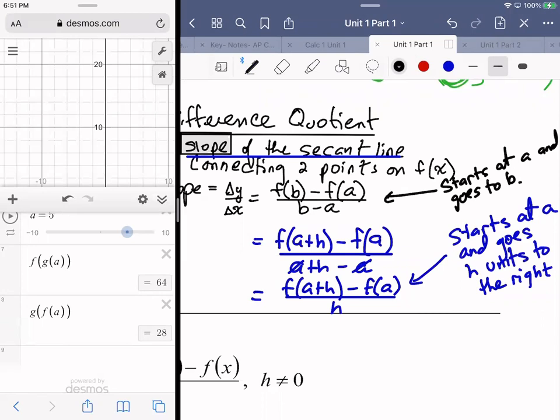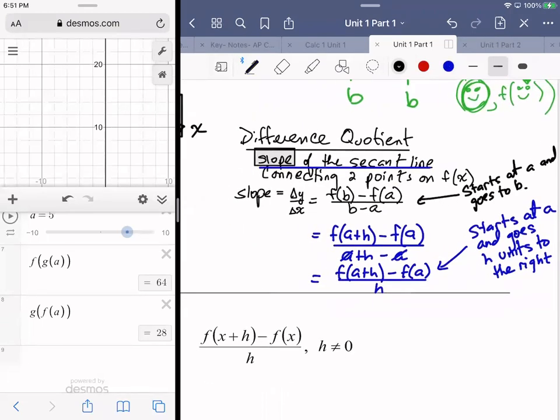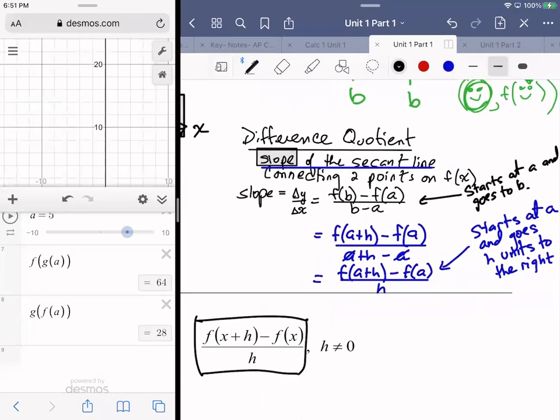All right. So this one is different from this in the sense that this one allows you to start anywhere you want. It's not just a fixed point on the graph, it's a variable point.